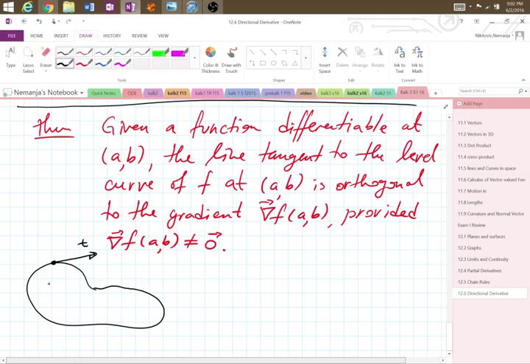That's your point (a, b) on the level curve. This one is the gradient. That's all it is to it. Perpendicular, 90 degrees. That means the dot product between the two is 0. You can test that, check that.